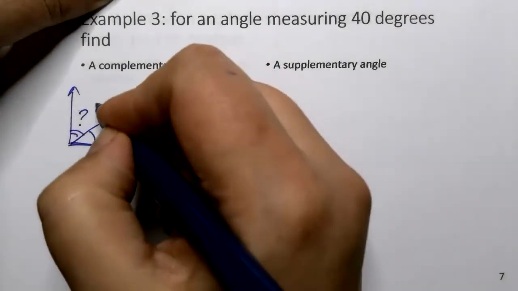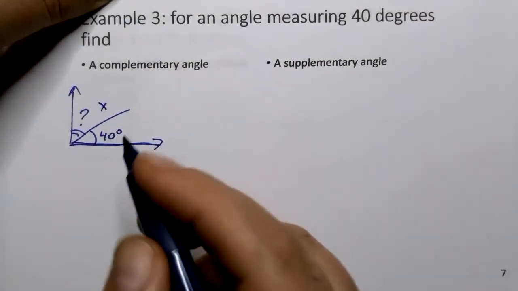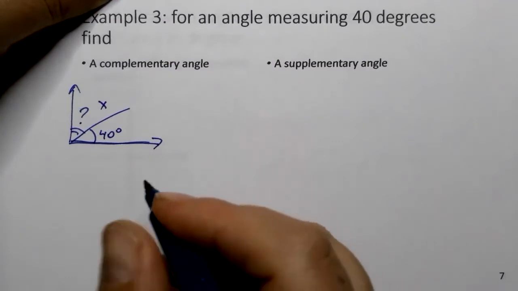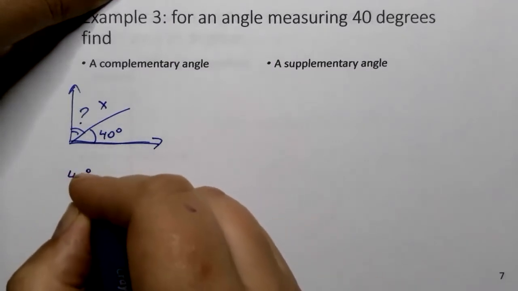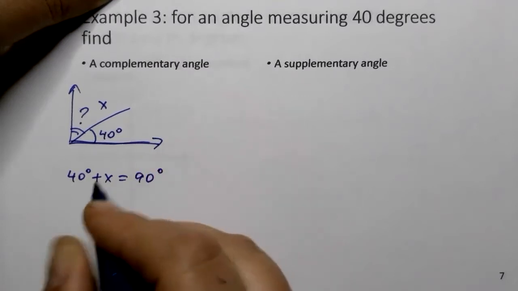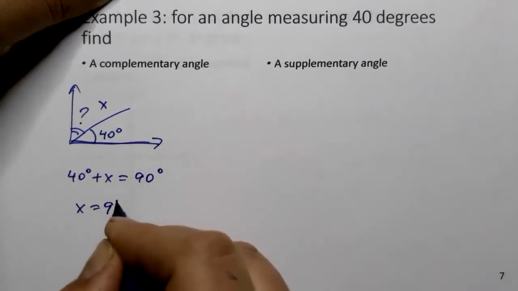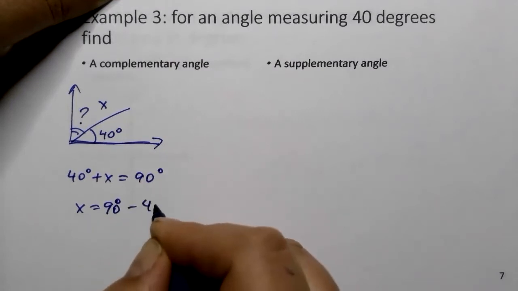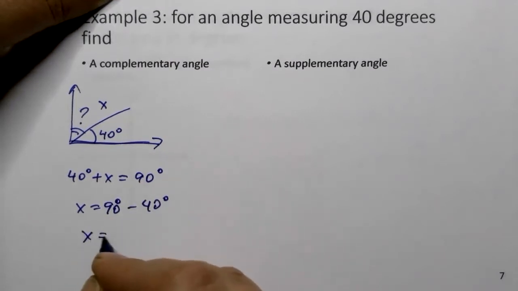We're going to call it x. Together they should make 90, so 40 plus x equals 90. That means x is 90 minus 40, so x must be 50 degrees.